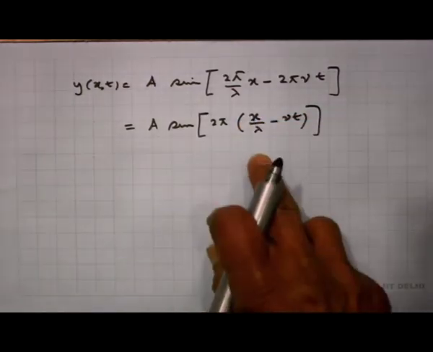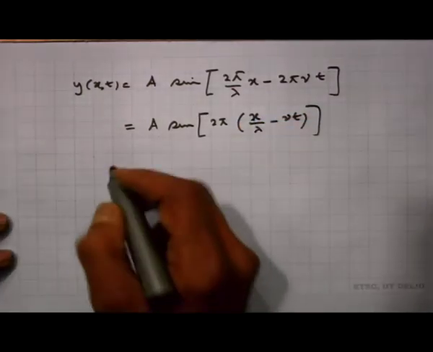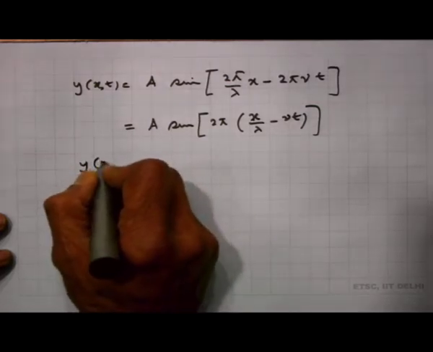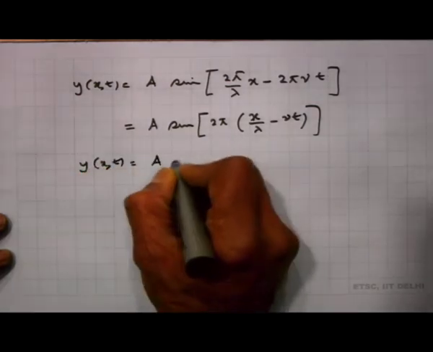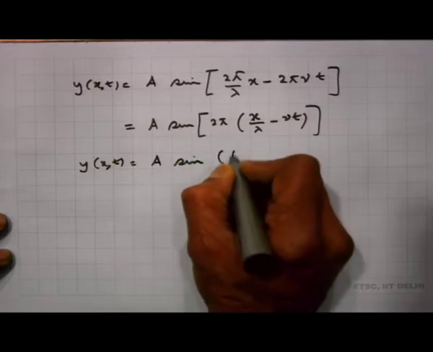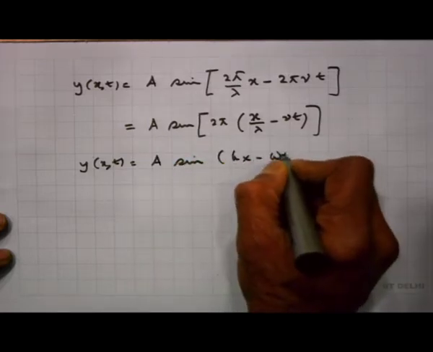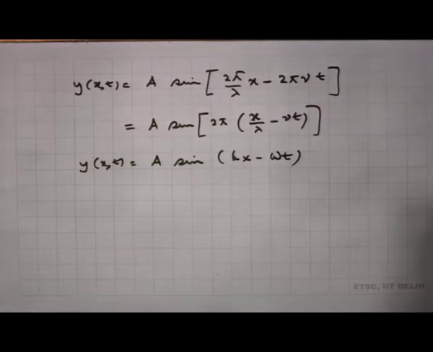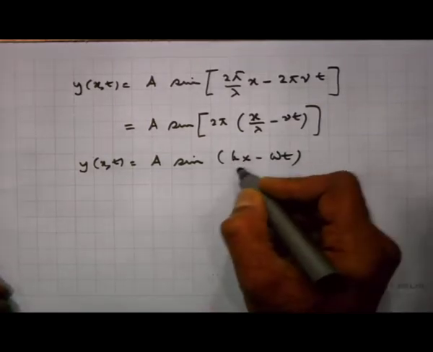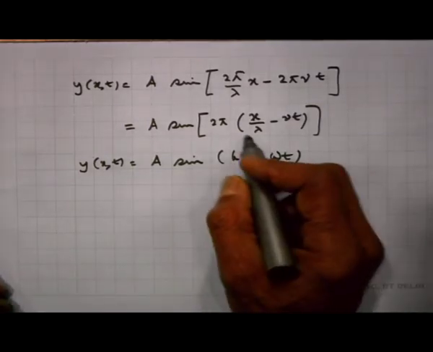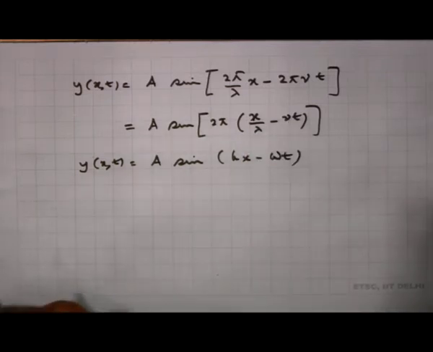So, this is the equation in terms of wavelength and frequency. Otherwise, the equation can also be written, this is same as the equation a sin k x minus omega t. These two are the same equations. This is written in terms of wave number and angular frequency, this is written in terms of wavelength and frequency.